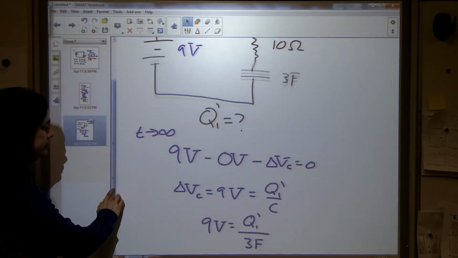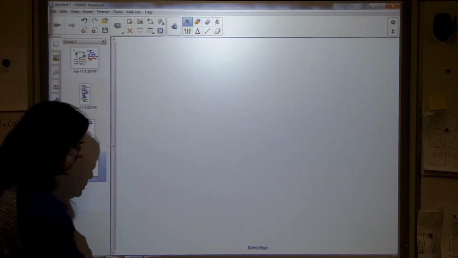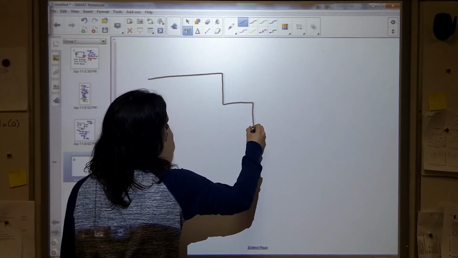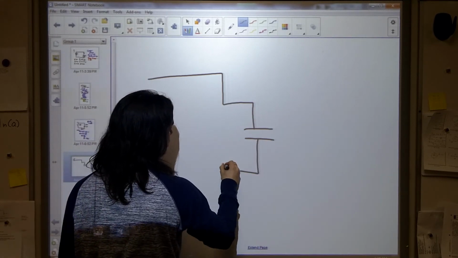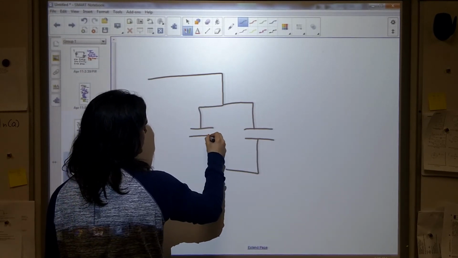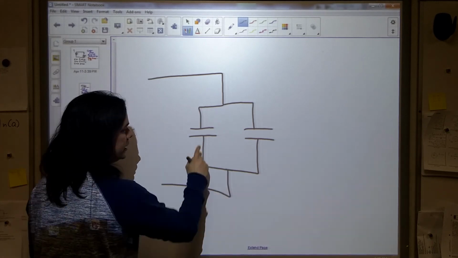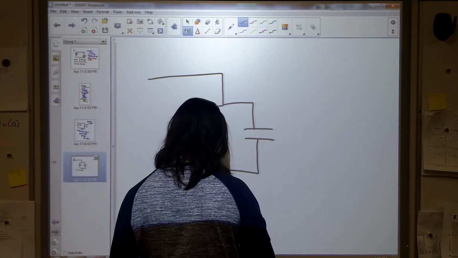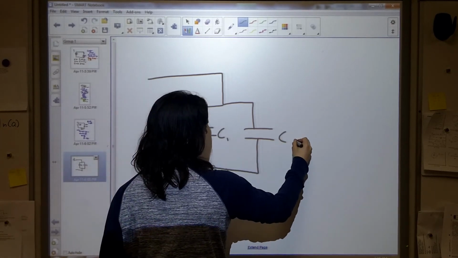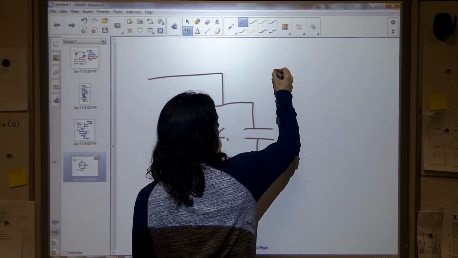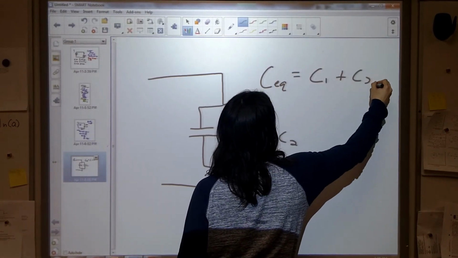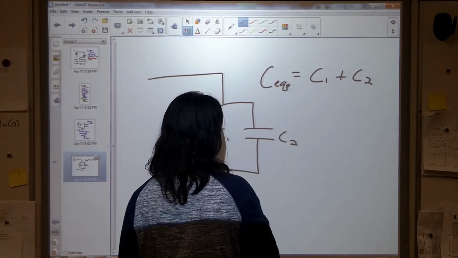capacitance itself. The final thing that I'll mention, since I talked about it very briefly, if you have a circuit like this, where you have a capacitor like this, and another capacitor like this, these are in parallel. So we would have that the equivalent capacitance, let's call this C1 and this C2, capacitance 1 and capacitance 2, is C1 plus C2 when they are in parallel.